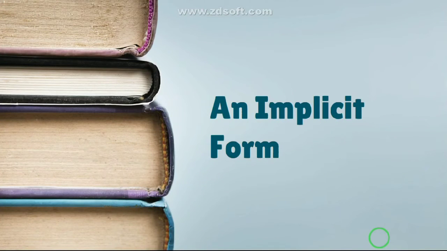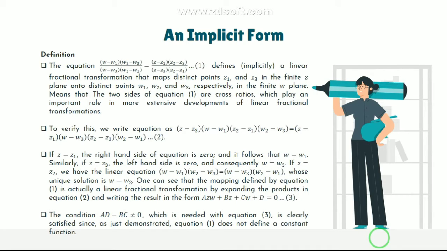The next material is about an implicit form. The definition is the equation (w - w1)(w2 - w3) over (w - w3)(w2 - w1) equals (z - z1)(z2 - z3) over (z - z3)(z2 - z1).